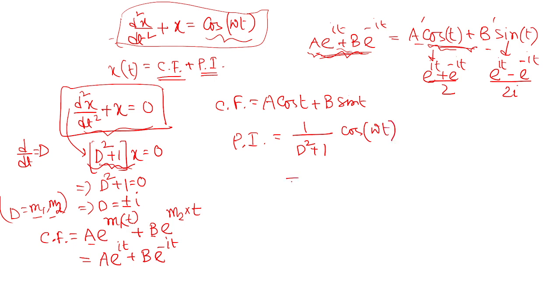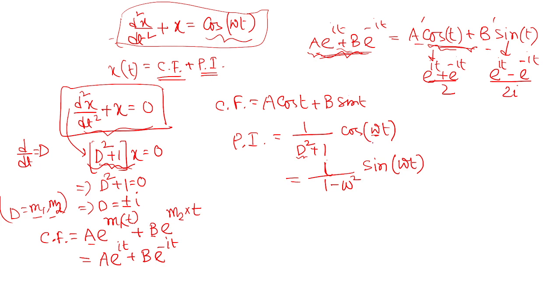Generally this D square should be replaced with minus omega square. So 1 minus omega square into sine of omega t. Is this correct?